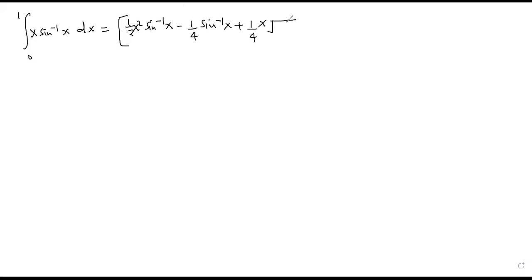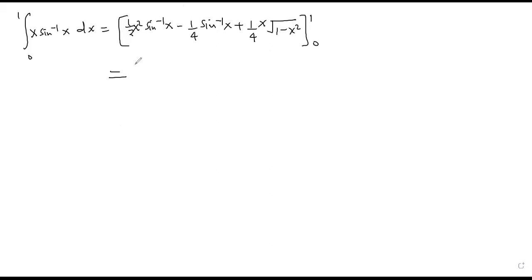integral from 0 to 1 of x sine inverse x dx is going to be equal to, now we put, a half x squared sine inverse x minus a quarter sine inverse x plus a quarter x root 1 minus x squared from 0 up to 1.